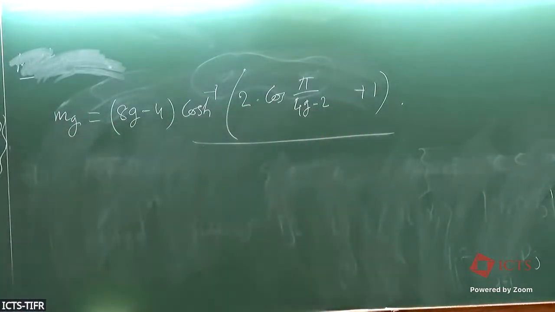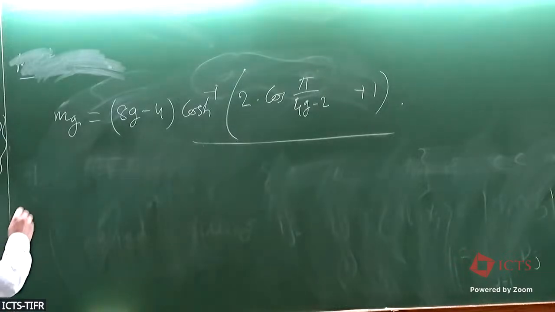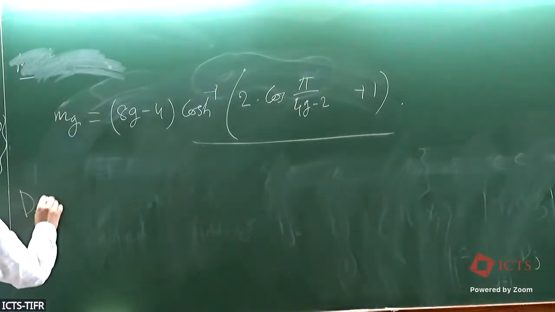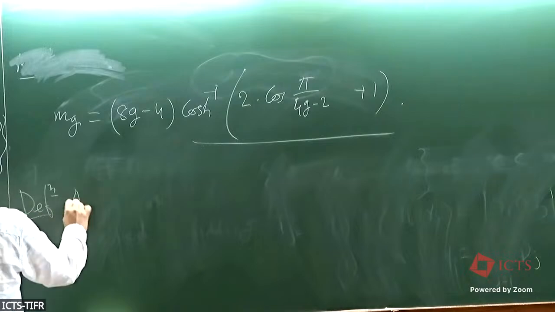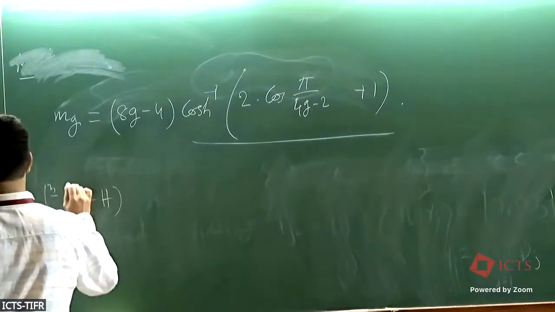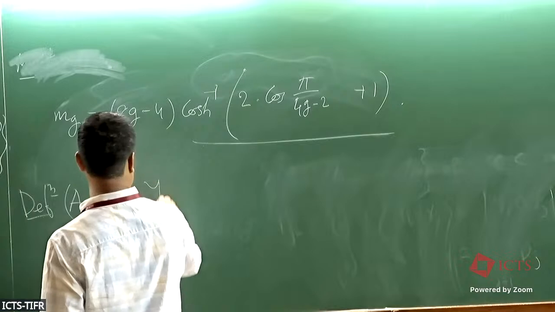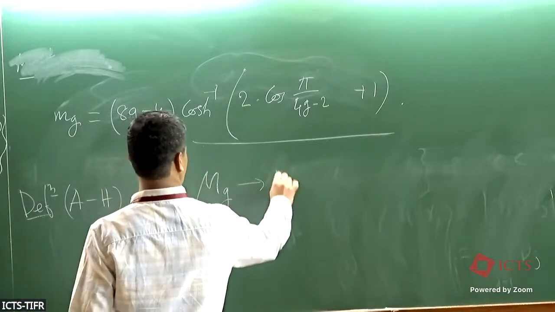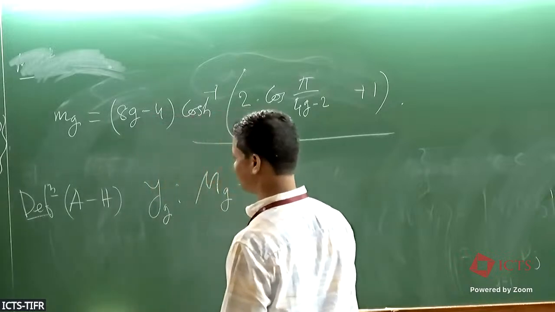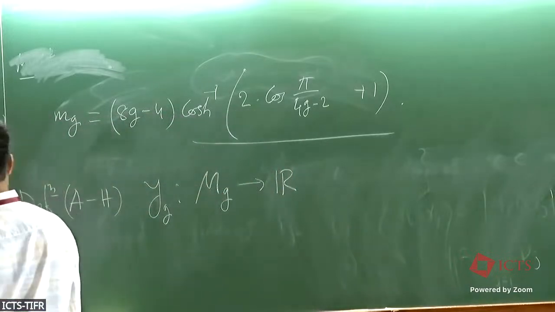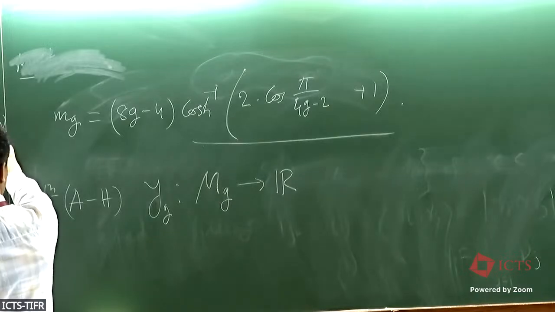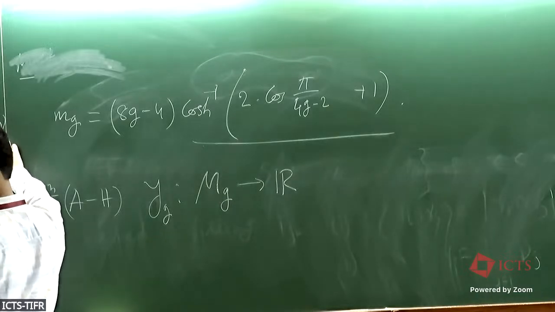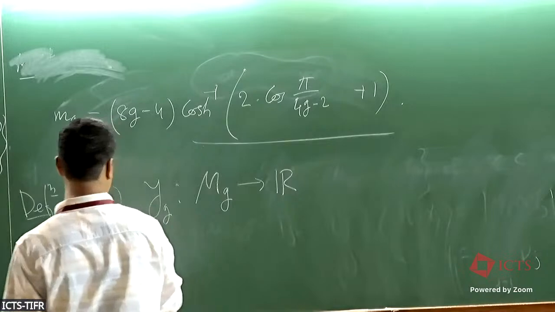Then they have defined another function Y_g from M_g to R. Here we replace Sigma_g^k by Sigma_g only. This is a more general function.